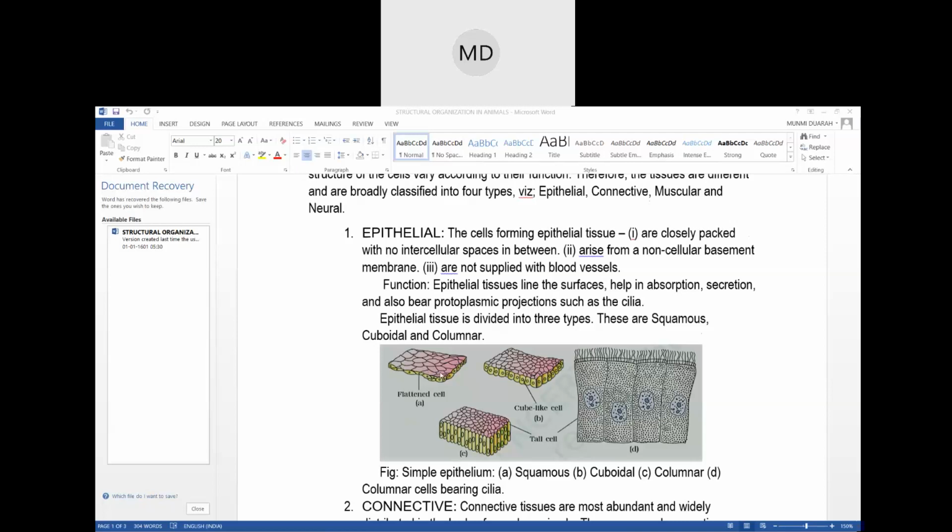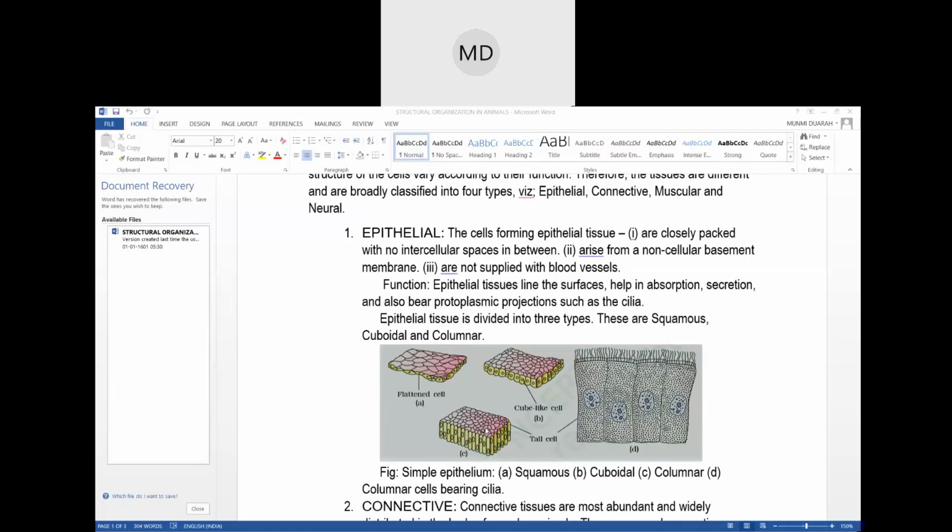So squamous, cuboidal and columnar are the types of epithelial tissue. Now, this is columnar, but there are some columnar tissues which have cilia.